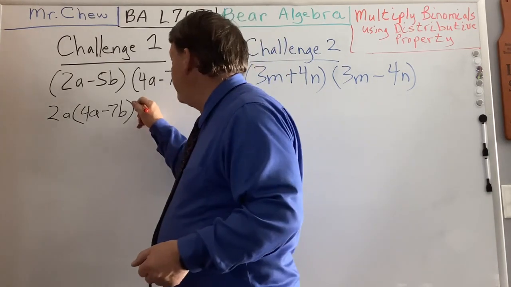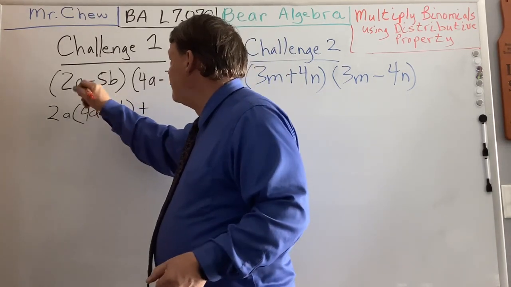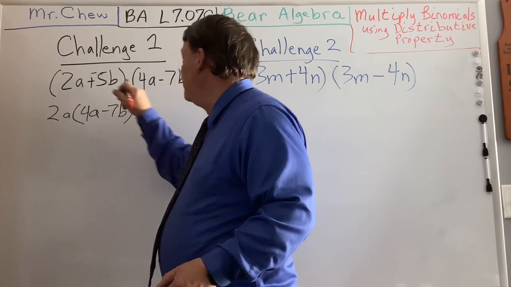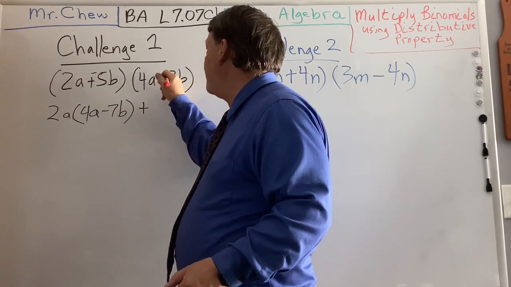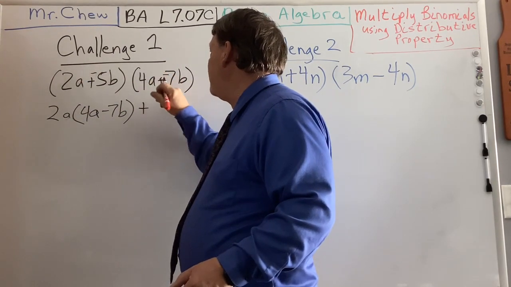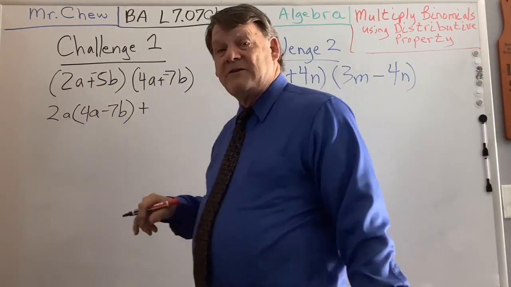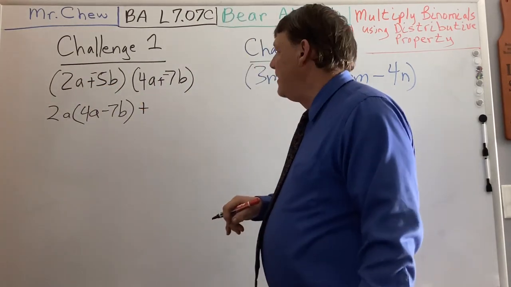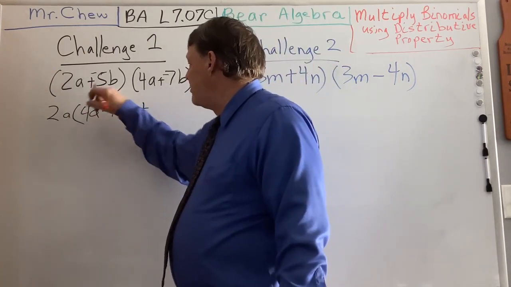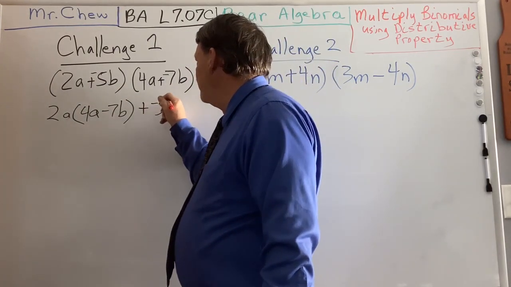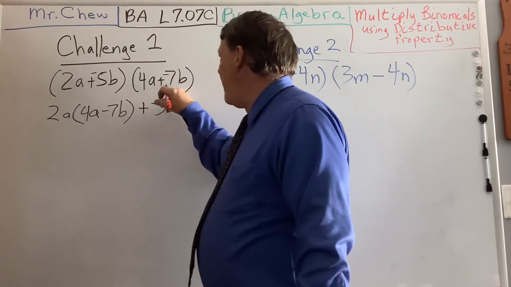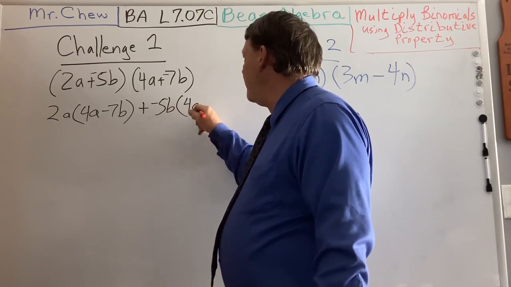And then we're going to change this to plus the opposite, change this to plus the opposite, because plus a negative 7b is the same as minus 7b, and plus a negative 5b is the same as minus 5b. And then we take the second term, multiply it by that second binomial.